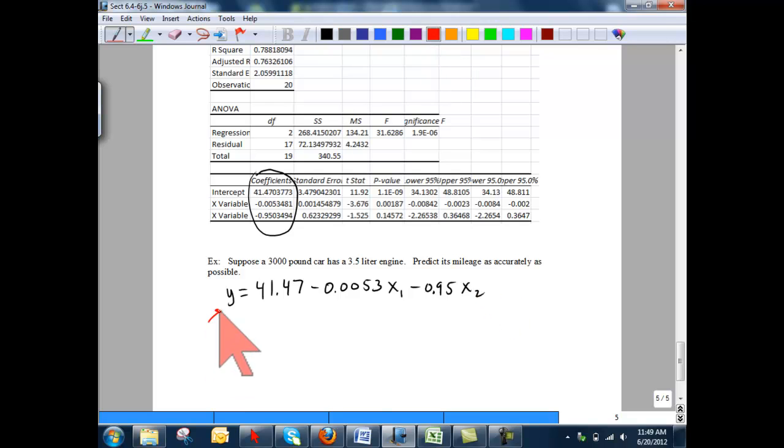What's what in this equation? y is mileage. x1 is weight. And x2 is engine size.